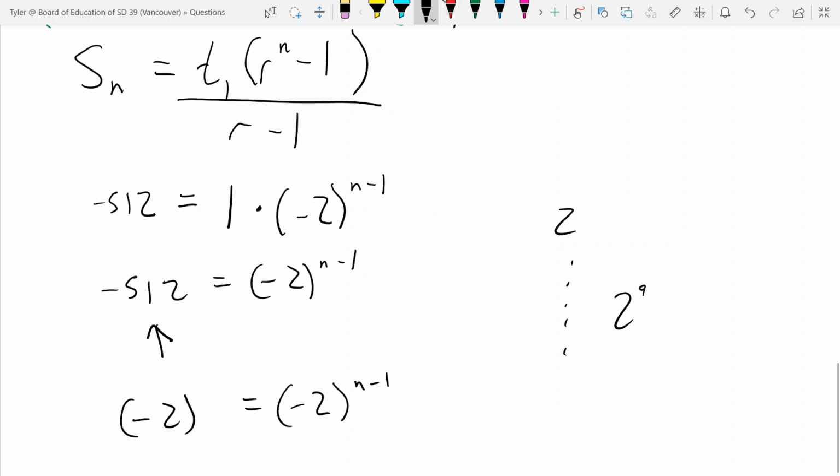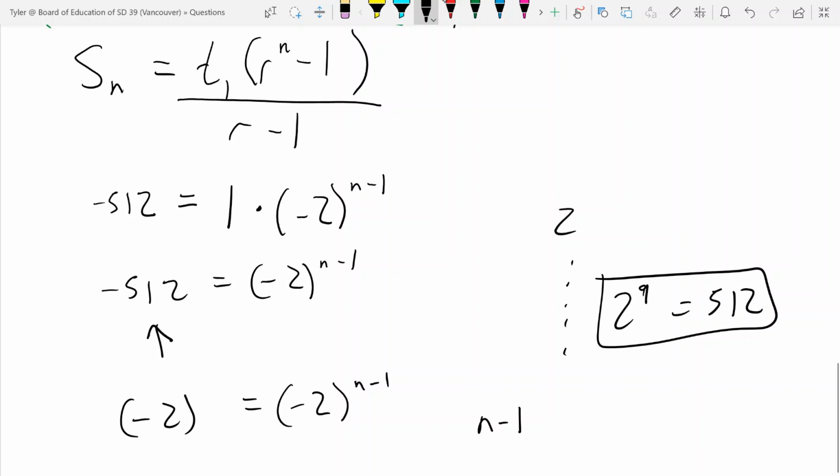It's actually 2 to the power of 9 is equal to 512. Be very careful here: that means n minus 1 is equal to 9, which means that n is equal to 10.